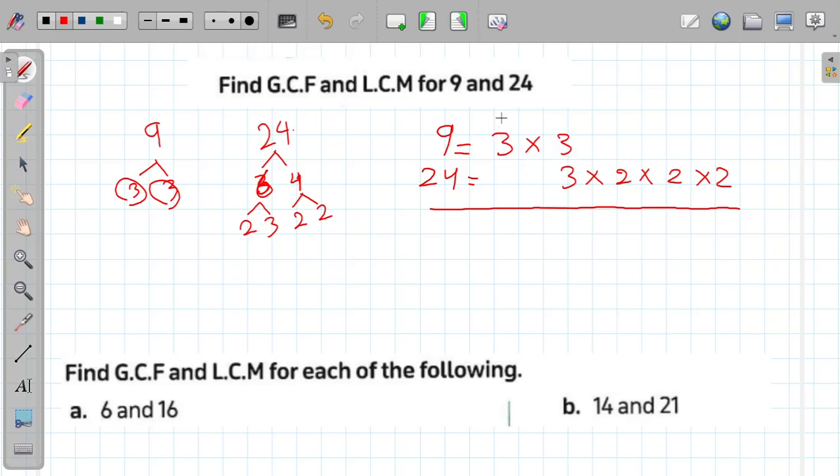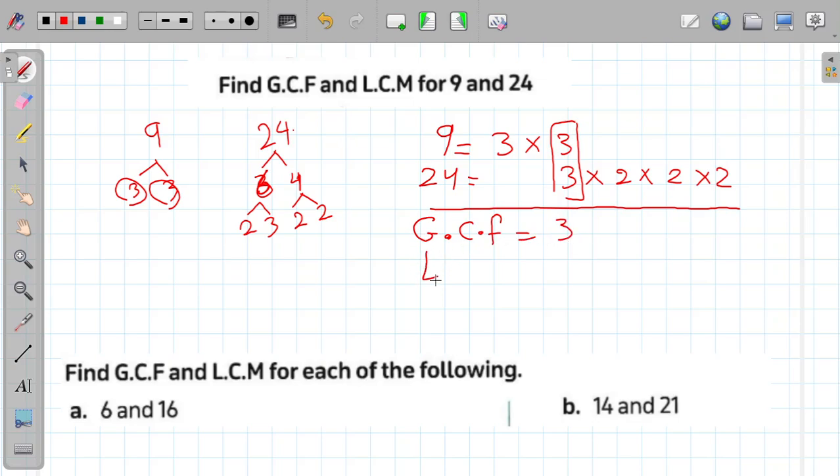So the first column here is 3, the second column is 3, the third column is 2, next I have 2, next I have 2. So the greatest common factor here is just 3, because this is a common factor between the two numbers.